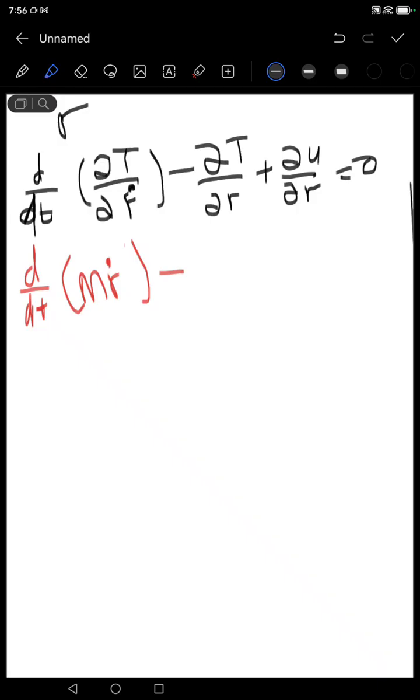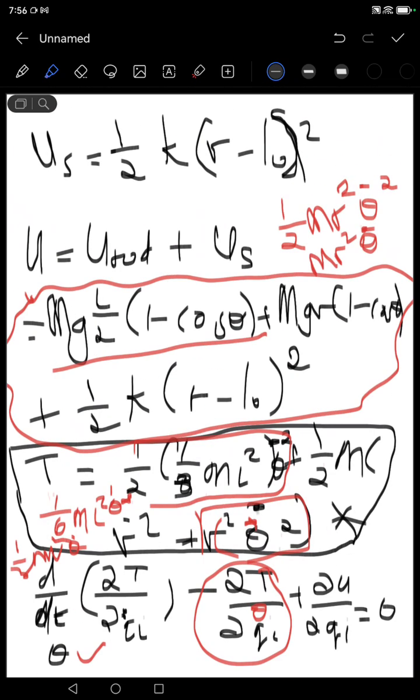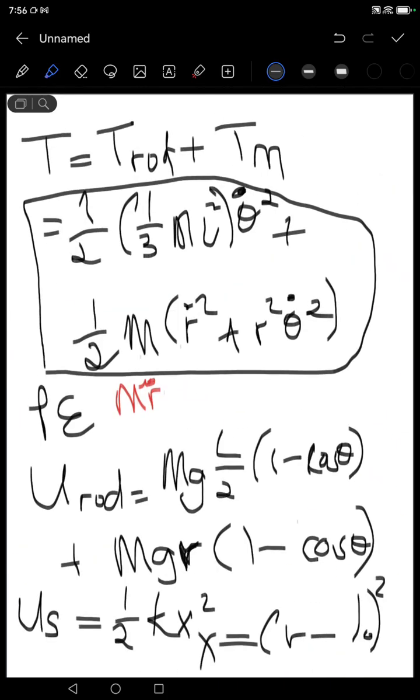And then going back to kinetic energy, we check the terms that don't have a dot, the ones that only have r. We have 1/2 m r squared theta dot squared here.